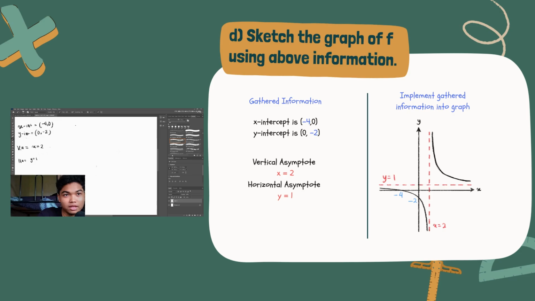So let's draw the axes for y and x. We have our information: the intercept at negative 4 on the x-axis and the y-intercept. Then we have our vertical asymptote, x equal to 2, around here, and the same for y equal to 1 here.